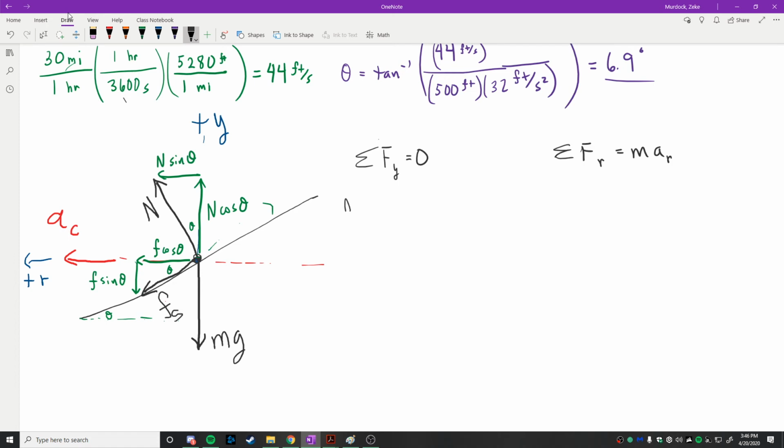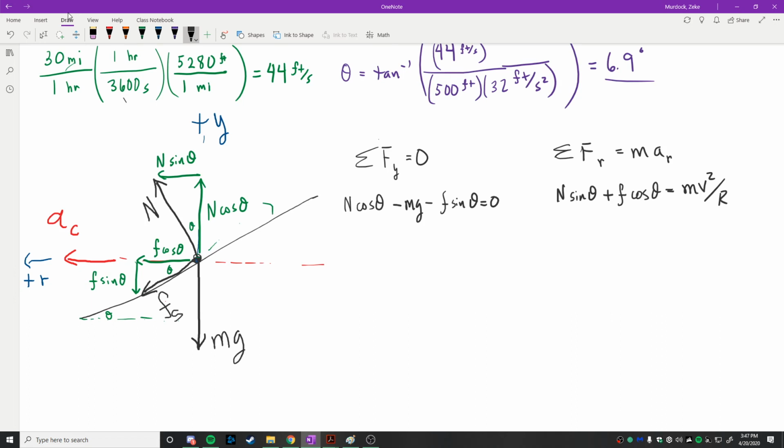There's n cos theta minus the force going down, so minus mg, and then minus f sine theta. And that's equal to 0. In the radial direction, we've got two forces. There's the n sine theta component, and then plus f cos theta. And that's going to be equal to mass times velocity squared divided by the radius of motion.